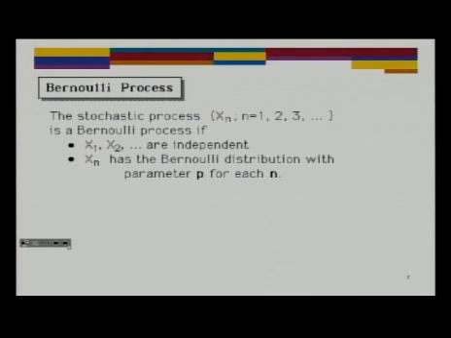That is very important, very fundamental. So we've known that the random variable X has Bernoulli distribution with parameter p if the outcome of an experiment can be classified as either a success or a failure. Is that right?